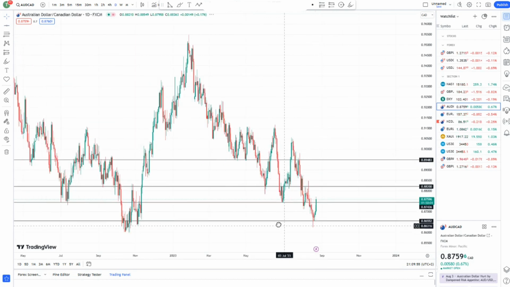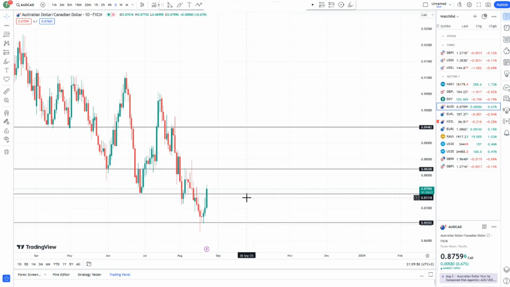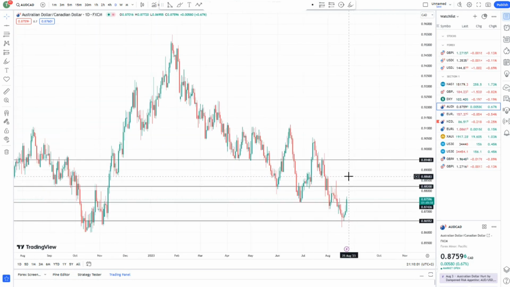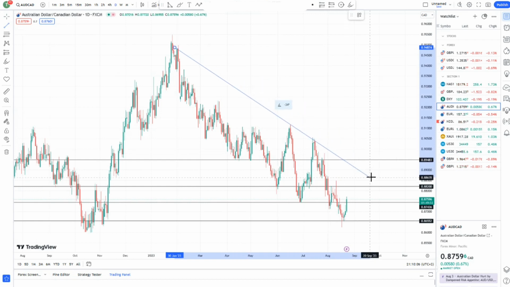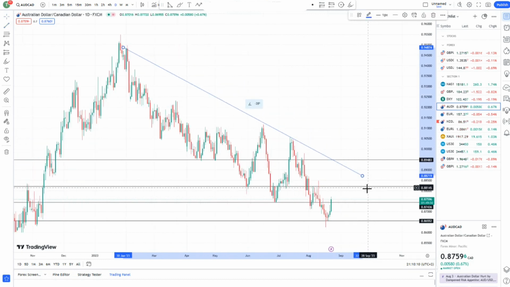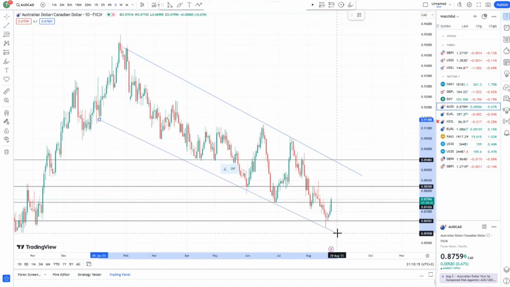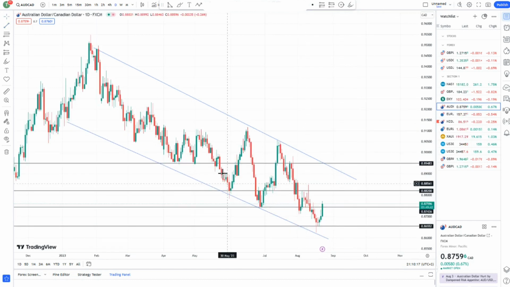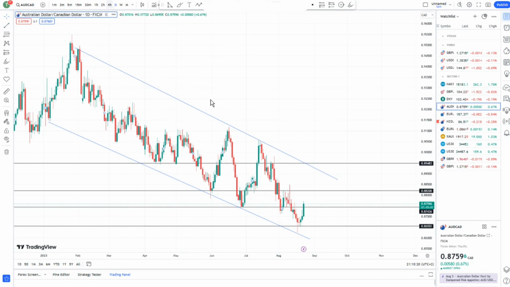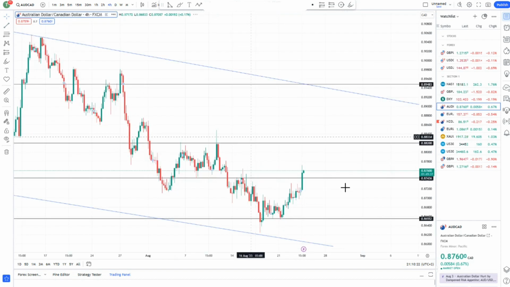So I spotted out my key levels. Now I'm just gonna look for the trends, which I actually don't see any trends here. Maybe this is the trend that we could be spotting here. Yeah, so I think that's good enough for the daily time frame. I'll go into the 4 hour time frame.